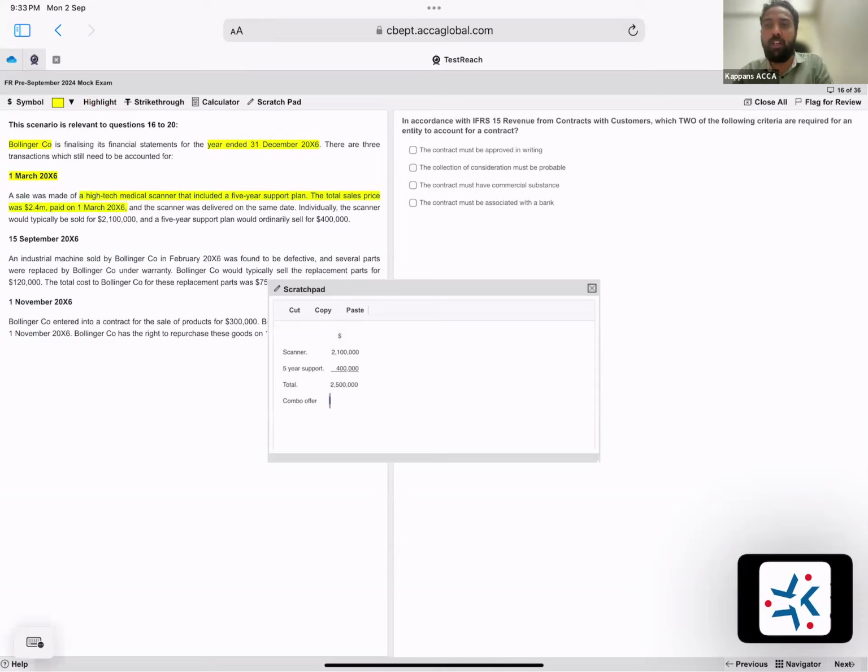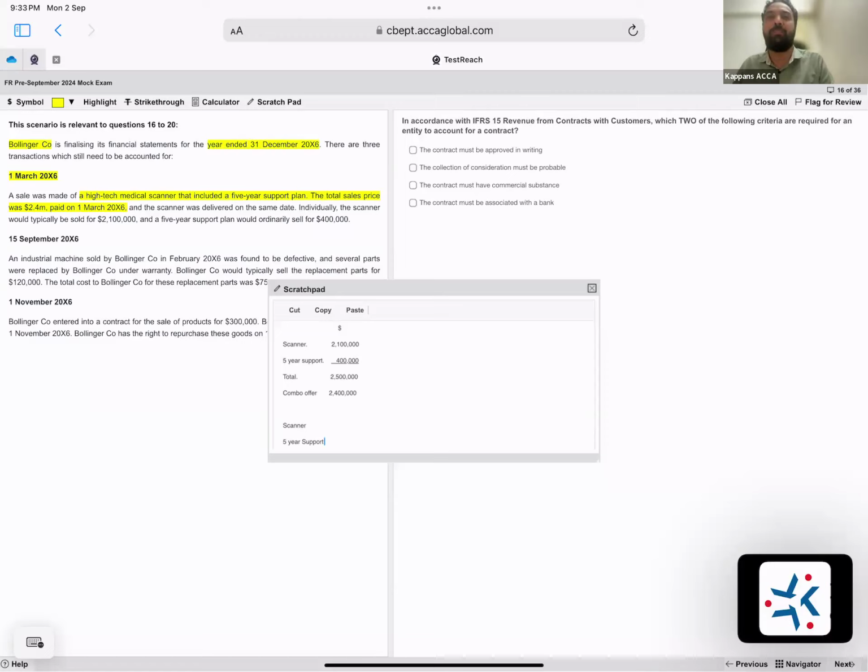So maybe one of the questions will be to split this combo offer of 2.4 million into scanner and 5-year support, and you might have done a similar question. This 5-year support is a deferred income. It will have to be split into current and non-current liability. A student who has done adequate question practice should be able to predict what could be the questions.